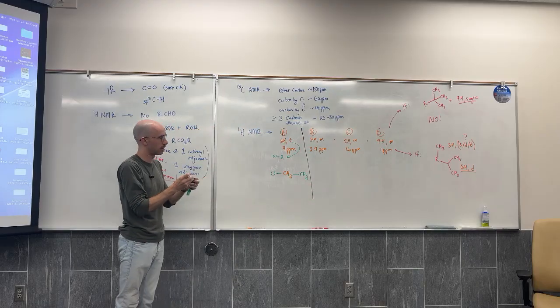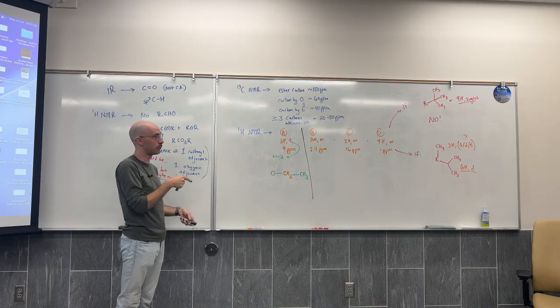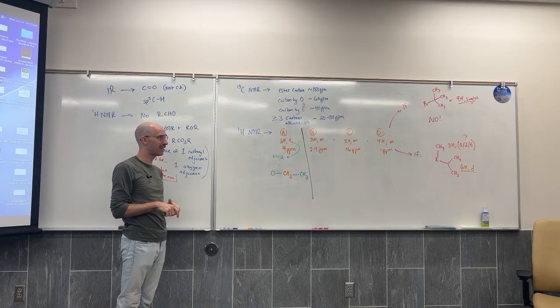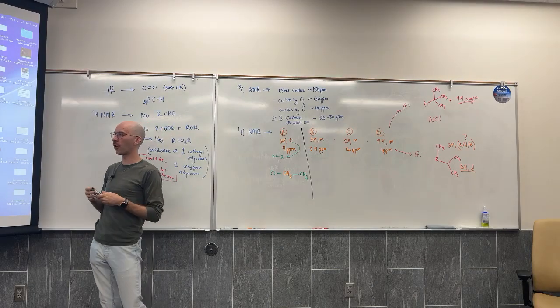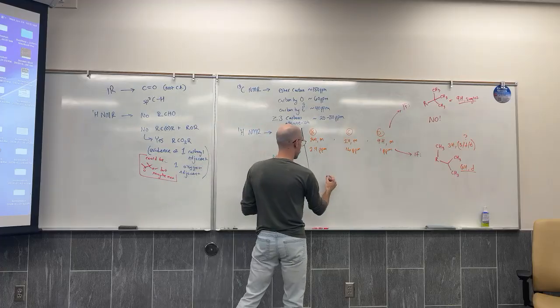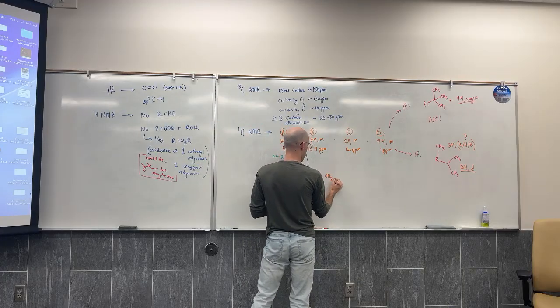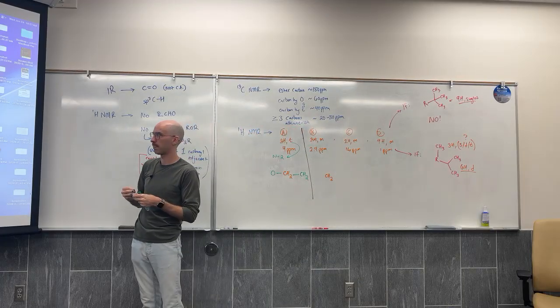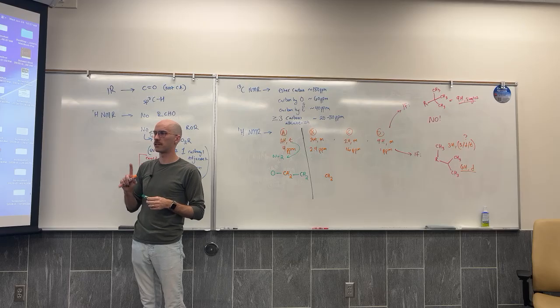Signal B. Here's a 2H multiplet around 2.4 ppm. What would make the signal show up around 2.4? Proximity to a functional group. I worry, sorry.